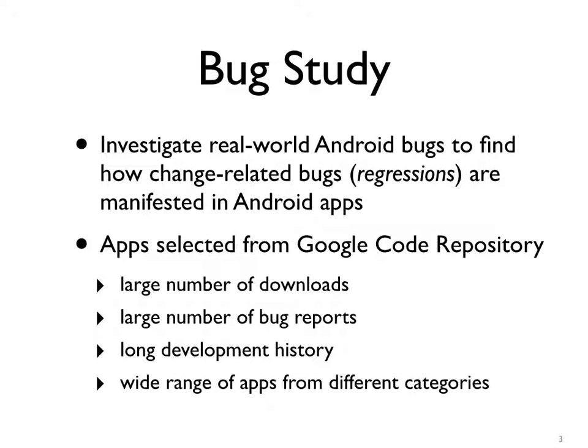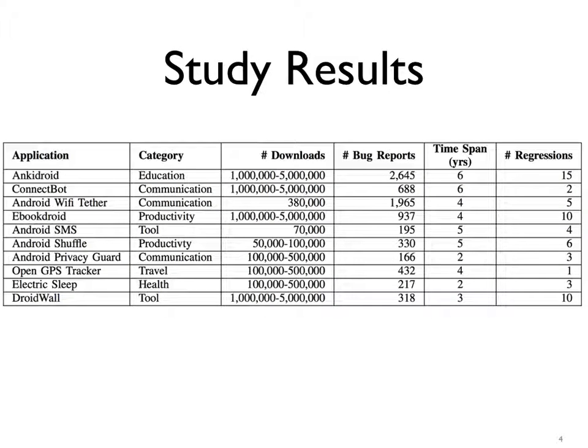We selected Android apps from Google Code repository based on 4 specific criteria: large number of downloads, large number of bug reports, long development history, and a wide range of apps from different categories. So this table lists the 10 apps that were selected for this study.